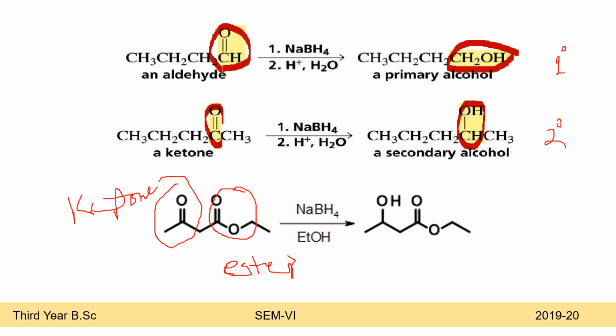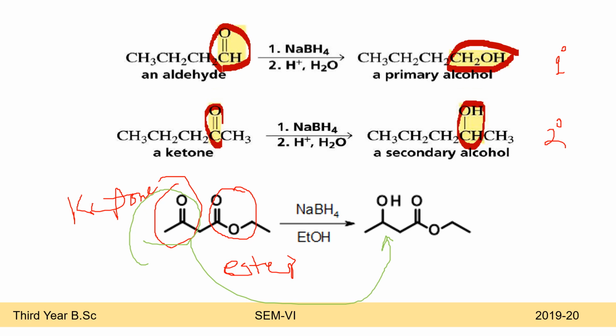Here you can see only this particular functional group is reduced into the alcohol, means ketone is reduced into the alcohol rather than ester, because ketone is more reactive as compared to this ester. So the sodium borohydride first reduces the ketone and then ester. So sodium borohydride is chemoselective.